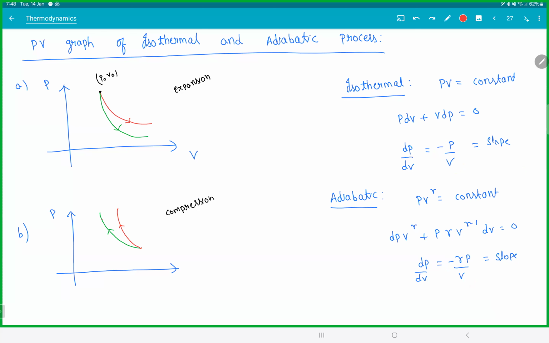It's closer to 90 degrees. So the slope of the adiabatic process is more negative. The slope of adiabatic is more steep. That is the easiest way to remember. It is closer to vertical.